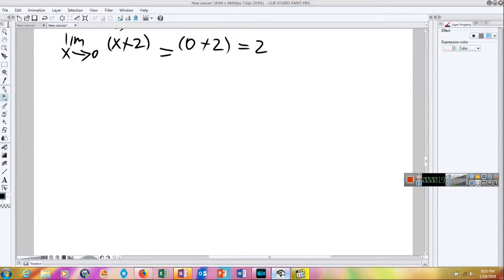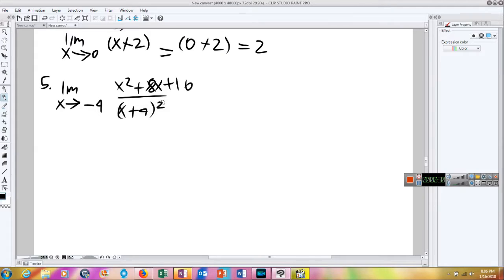So last we left off, we were going to begin with number 5, where we have the limit as x tends to -4 for the function (x squared plus 8x plus 16) over ((x plus 4) squared times (x plus 1)).